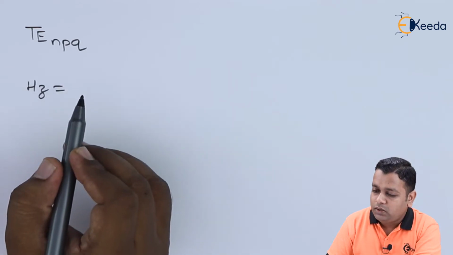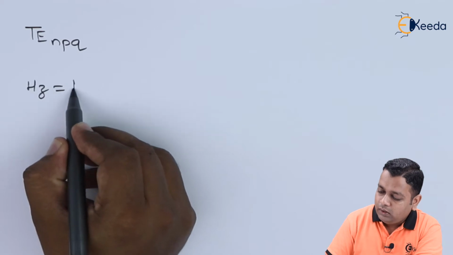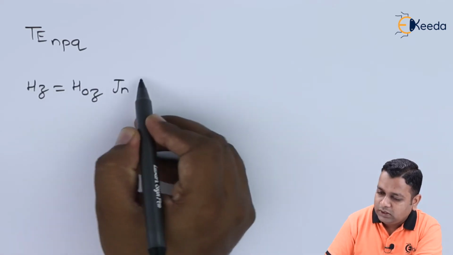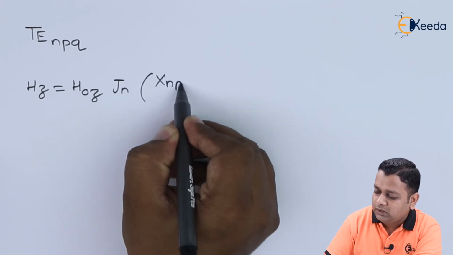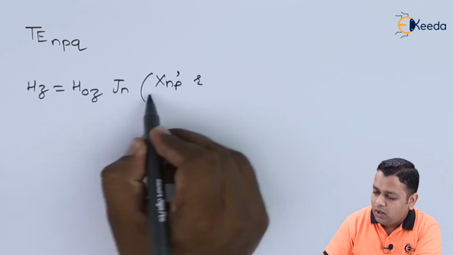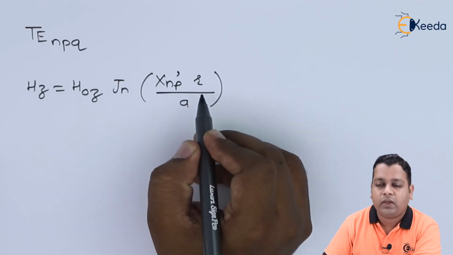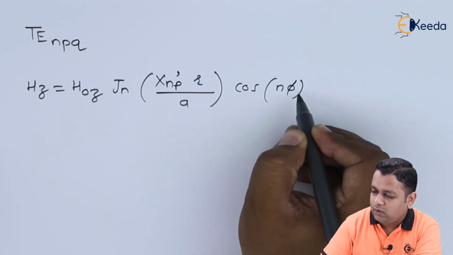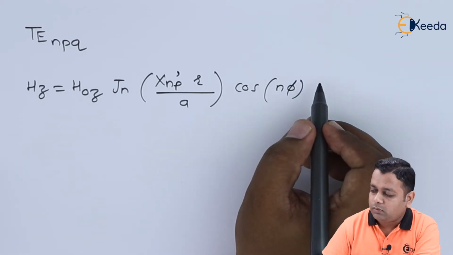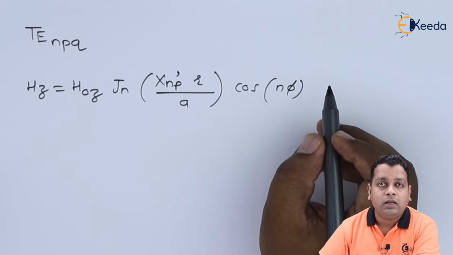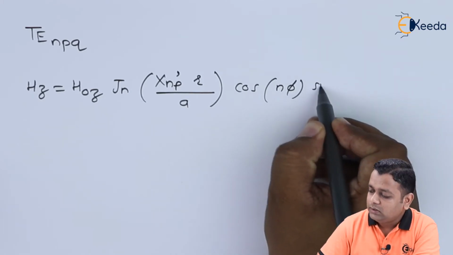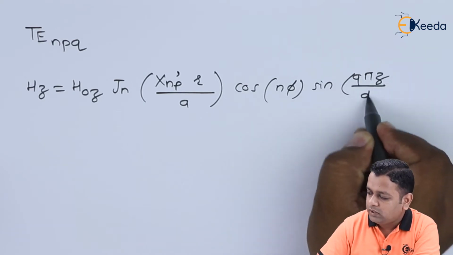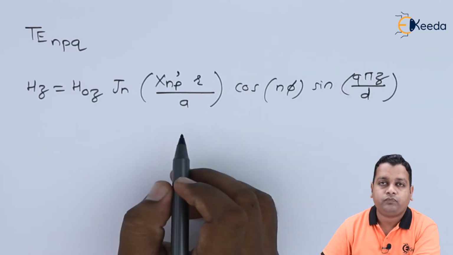So the Hz component is governed by the equation expressed as H suffix 0 z into J suffix n as a function of X suffix np dash into r divided by small a, into the trigonometric function cosine of n phi, and another trigonometric function due to the fixed length of the cavity resonator, that is sine of q pi z divided by small d here.